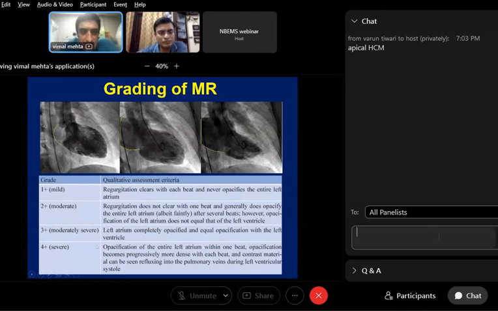In the mild one, regurgitation clears with each beat, never opacifies the left atrium. In fact, you will see a small jet. I had one angiogram, I don't know where it is. You will see a jet over here when the left ventricle contracts going into the left atrium. Moderate regurgitation does not clear with one beat and generally does opacify the left atrium faintly.